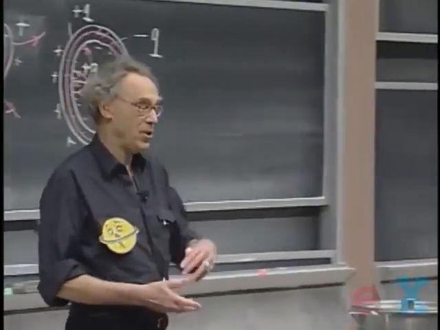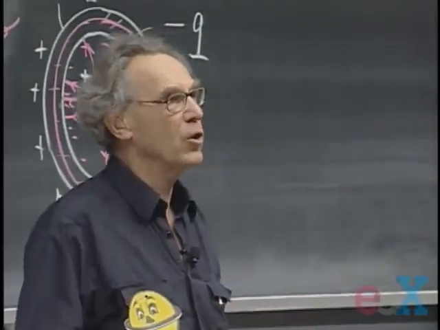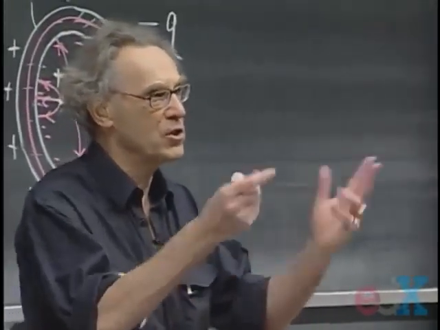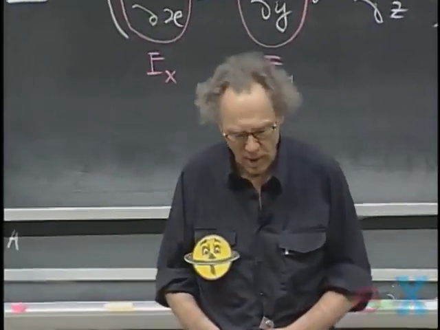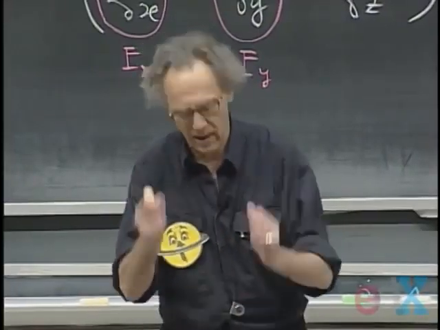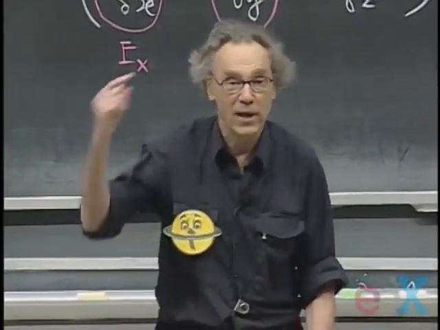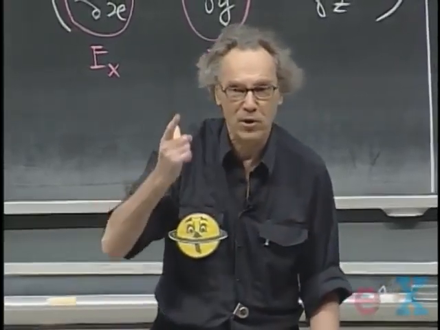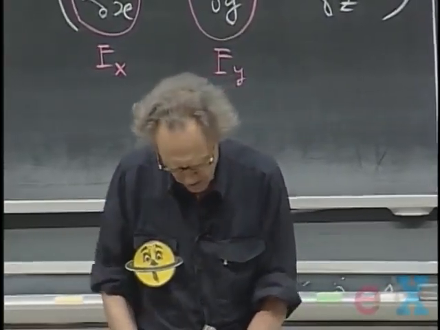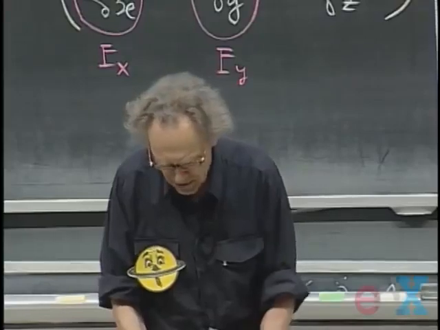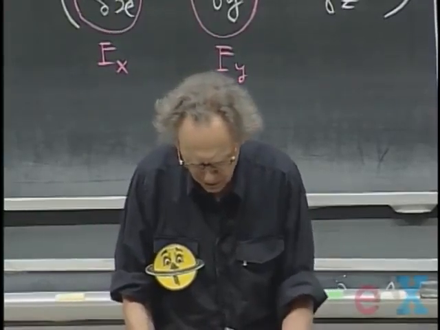The fact that I create plus on the cat and maybe minus on myself, the outside world will never know because the sum of the charges is still Q. They may hear the cat scream, that's all they can hear. But they have no way of knowing that I'm fooling around there with charges. And so the outside world has no way of knowing what happens on the inside. And we call that electrostatic shielding. That's the effect of a Faraday cage.